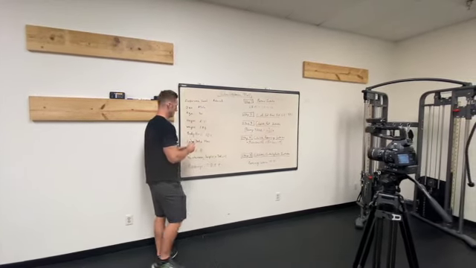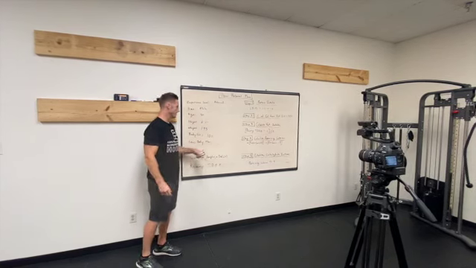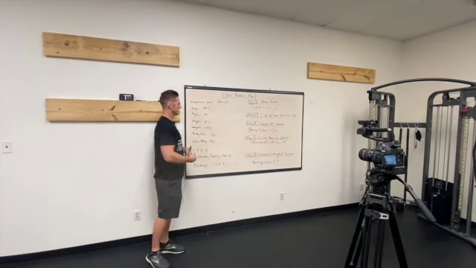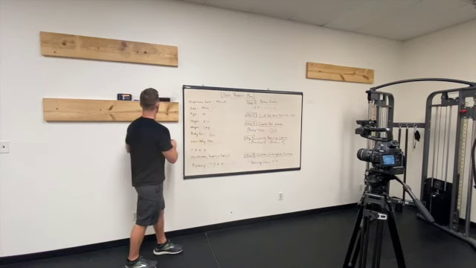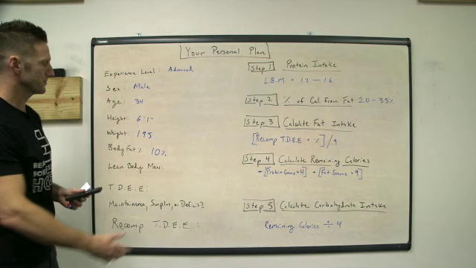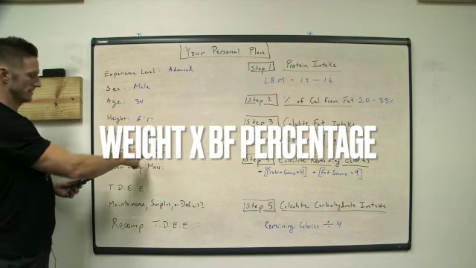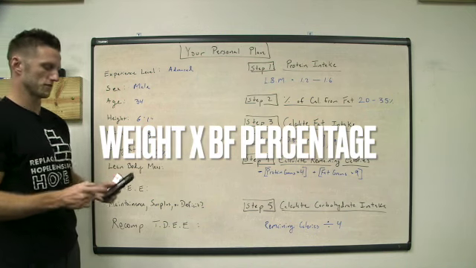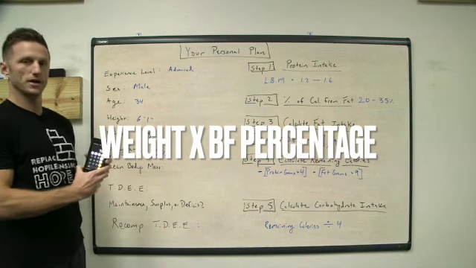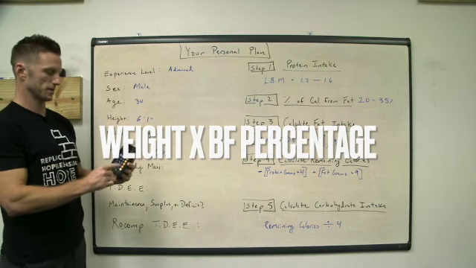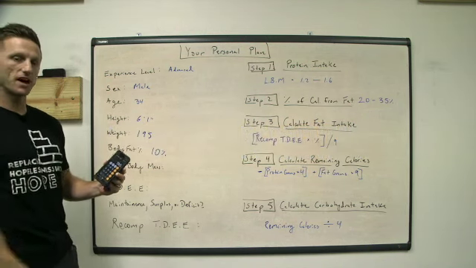And then the next category is lean body mass. Now, what lean body mass is, it's your mass subtracting the percentage of body fat that you have. So the way that you find this number is you take your weight and you multiply it by the percentage. So if you've got an iPhone, real easy way to do it, multiply my weight times 10, percentage button, equals 19.5.